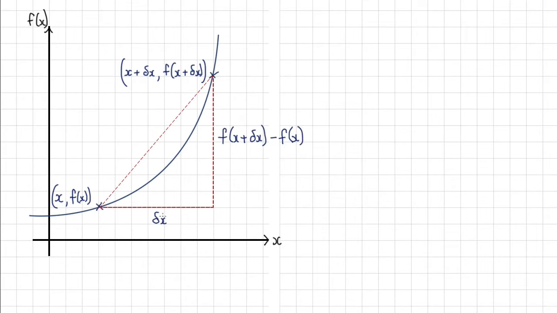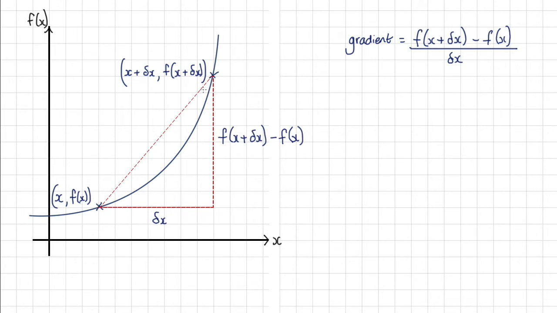So now we can write down the gradient. The gradient is given by the vertical distance, which is f of x plus delta x minus f of x, over the horizontal, which is delta x.